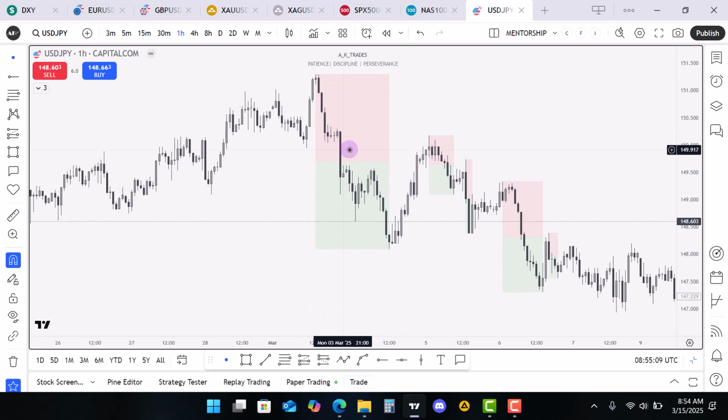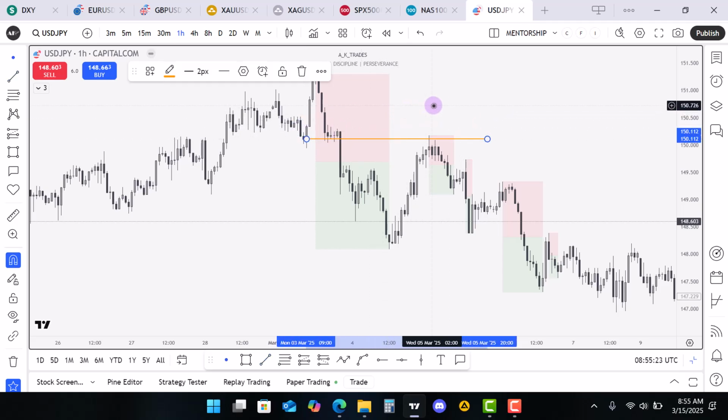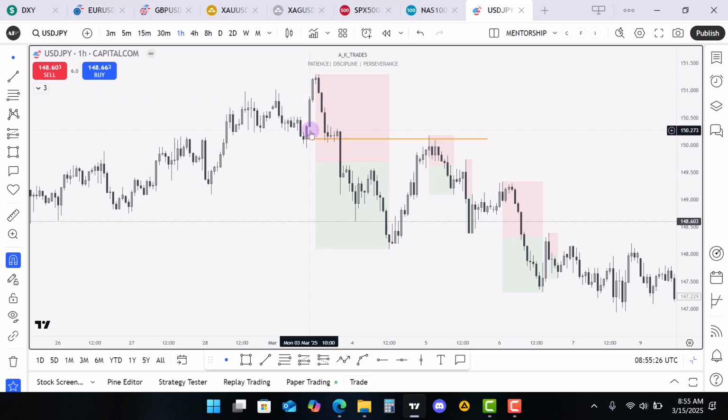And at this premium level, what are the key levels at this premium level? The first one here that we can identify is our high probability order block. If you want to know more about high probability order blocks, I've also made a video on that, and I'll add that to my end screen so that you also have the chance to go through and equip yourself in that regard.